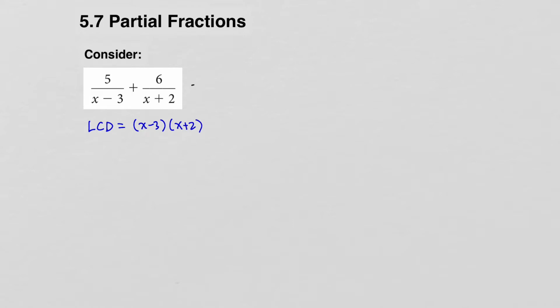So to do this problem, we would take the fraction 5 over x minus 3, and we would multiply the numerator and denominator by x plus 2. And we would take the fraction 6 over x plus 2 and multiply the numerator and the denominator by x minus 3.